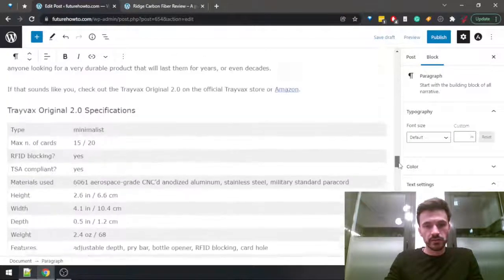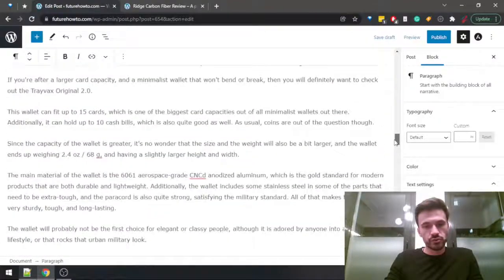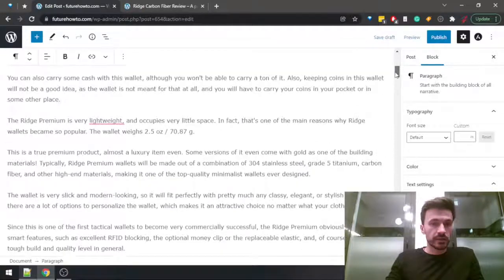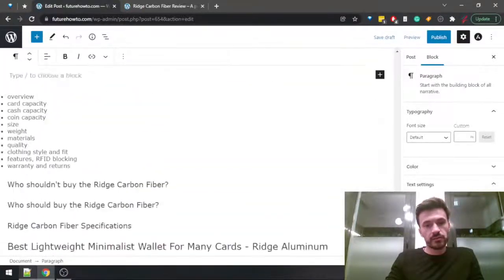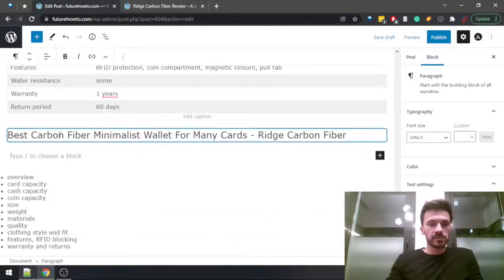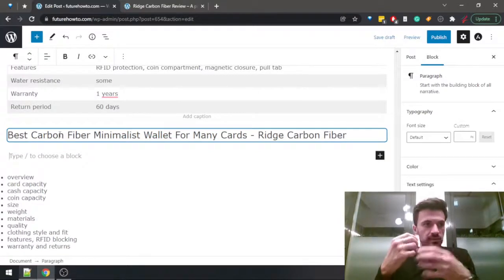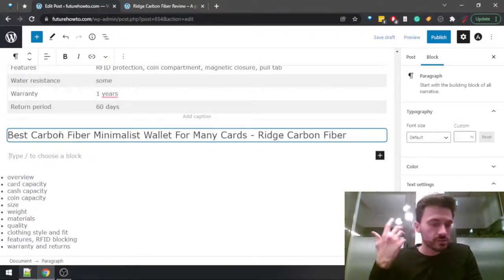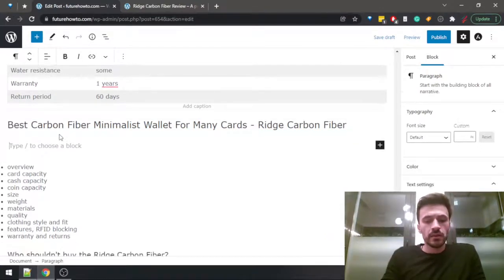I think this is the second Ridge wallet we have under this list, and I like to mention that fact usually because I believe it reinforces the idea that the brand is of high quality.